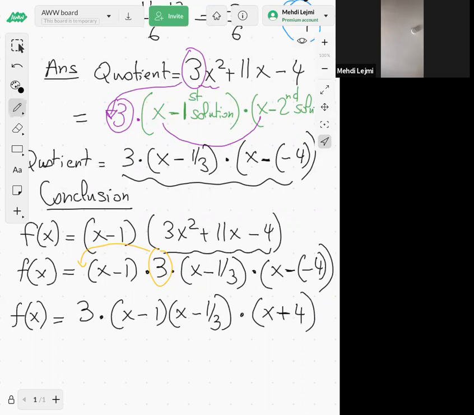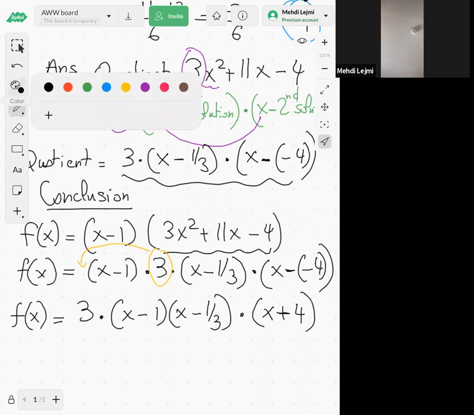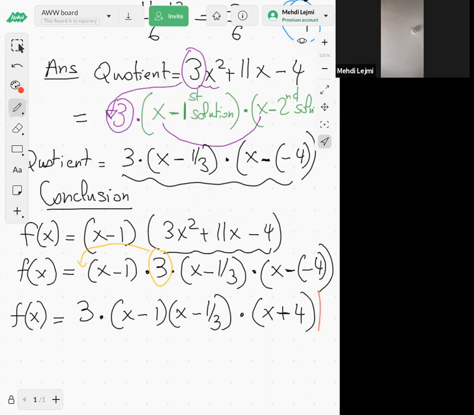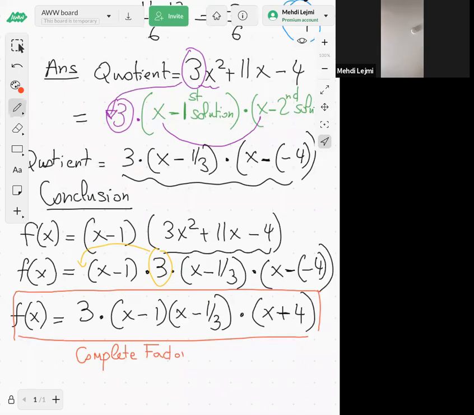All right, so this is the complete factorization of your f of x, as you can see. So this is the answer to number 2, right? This is the complete factorization of f of x.